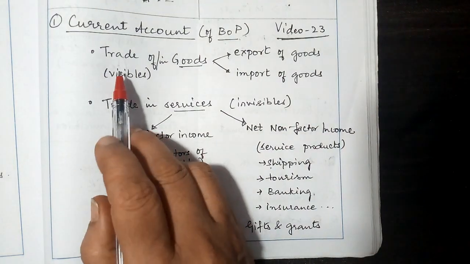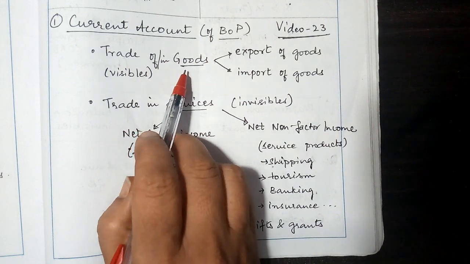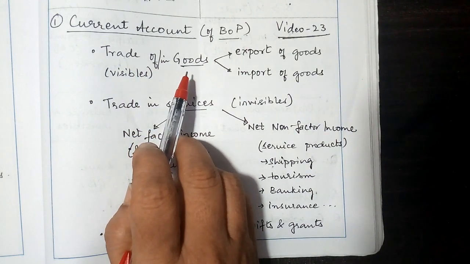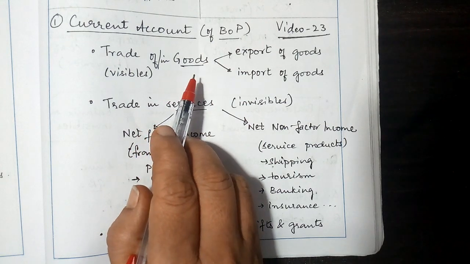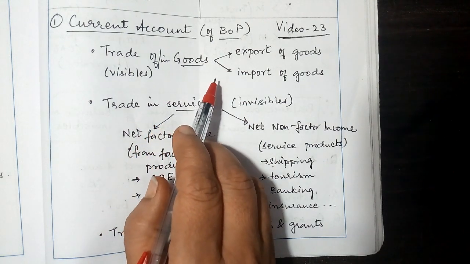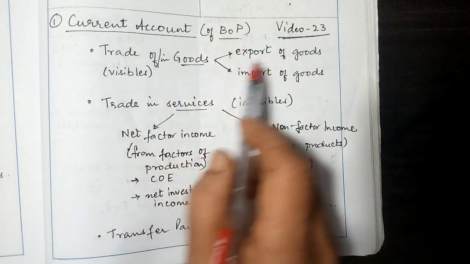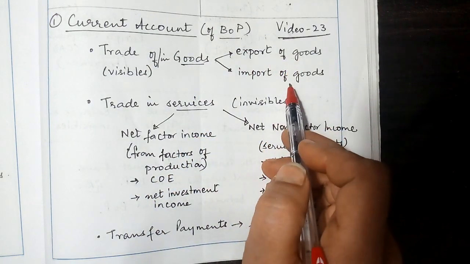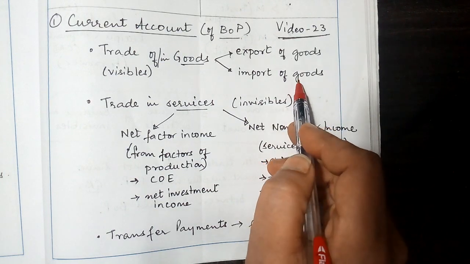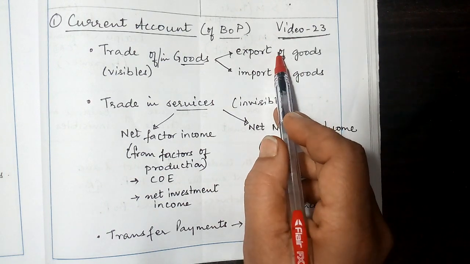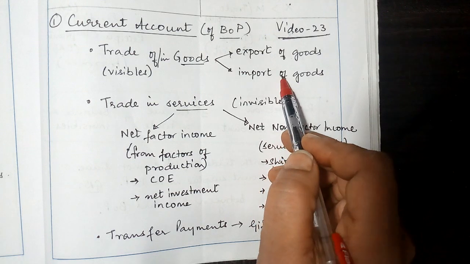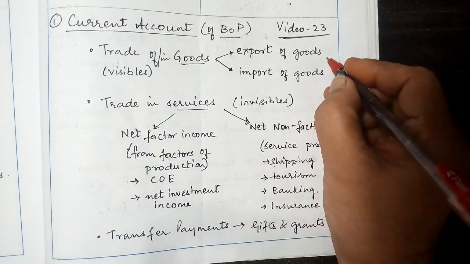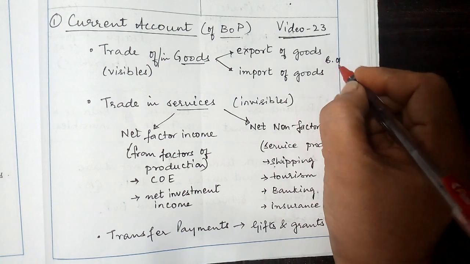Now let's learn what is meant by trade in goods or trade of goods. The balance of trade is the value of export of goods and the value of import of goods. The difference between the export and import of goods is what gives us balance of trade.